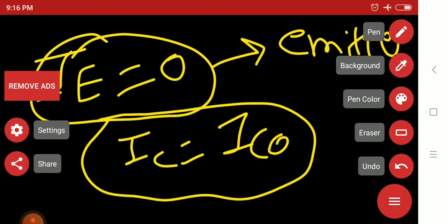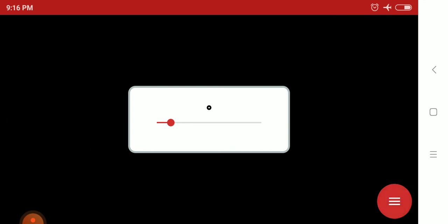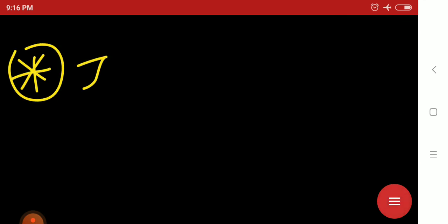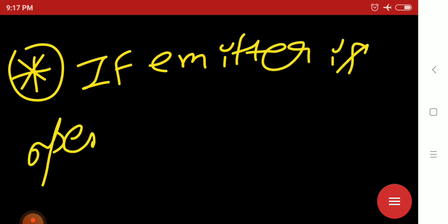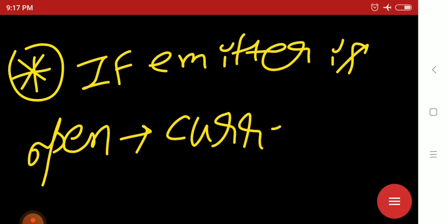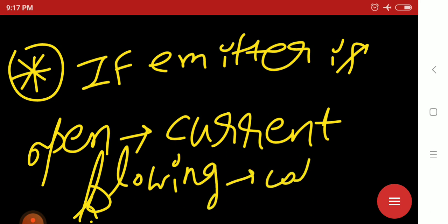IE equal to 0 means the emitter is open, and then the current flowing through the collector due to the majority carriers is 0.